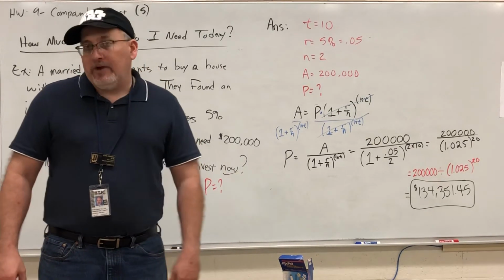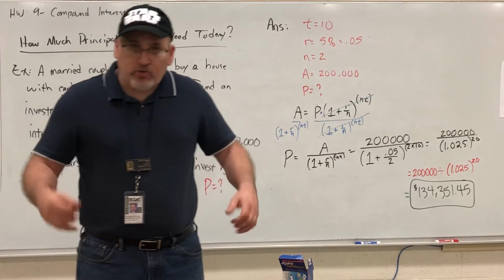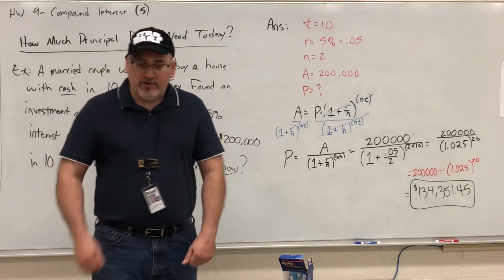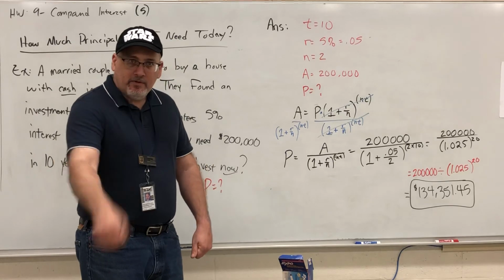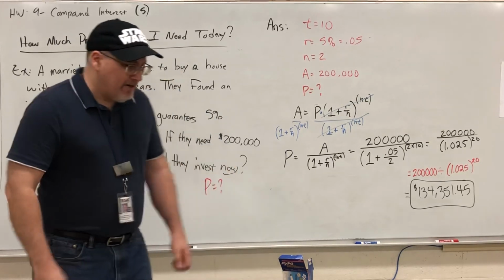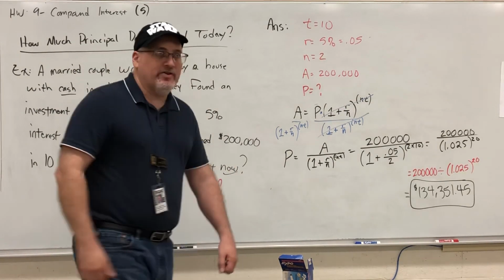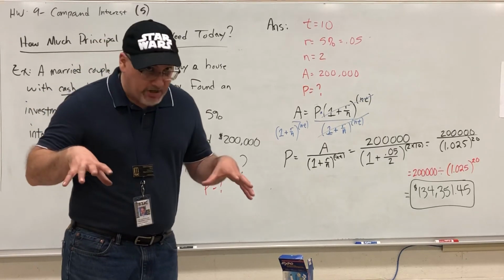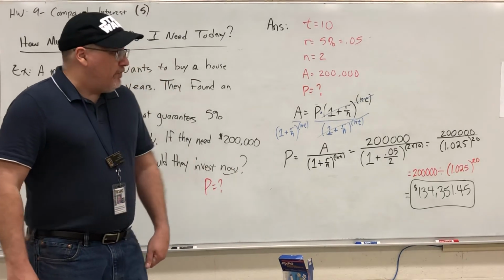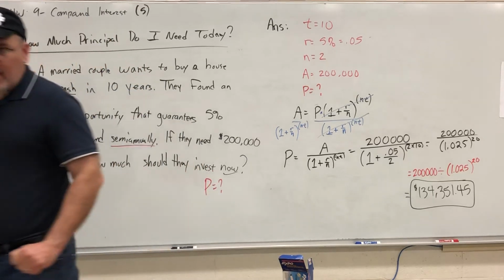Well, one way a pile of money can get bigger over time is to let the interest grow, but another way is to throw more money on it over time. Hey, here's $1,000. I'll come back in a month and add another 100. I'll come back in a month and add another 100 while it's growing. That type of investment is called an annuity, and we'll talk about it in the next video.